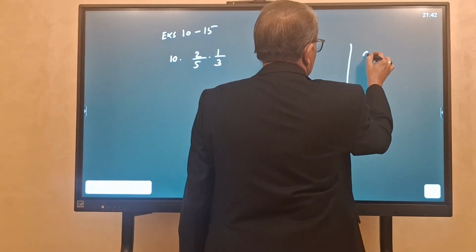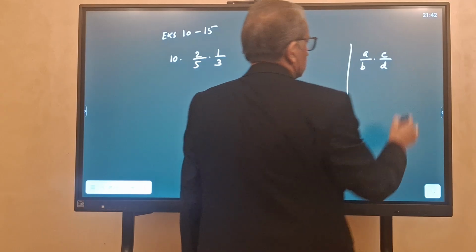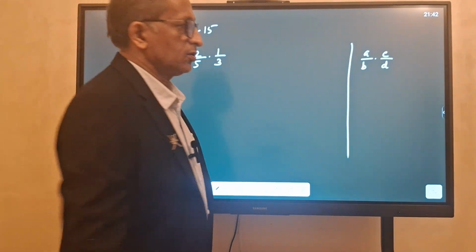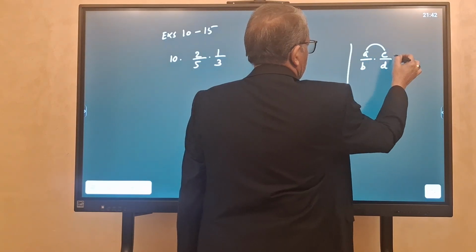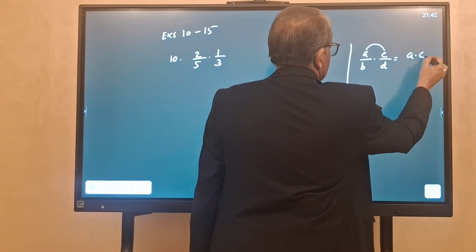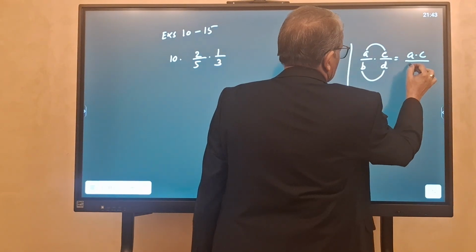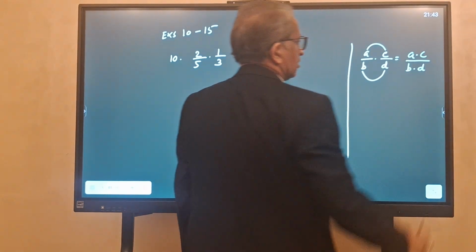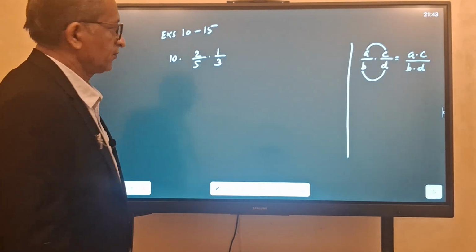How do we do this? A by B into C by D. So we multiply two fractions. You multiply up, that is A dot C. You multiply down with down, that is B dot D. This is how we multiply the two fractions.